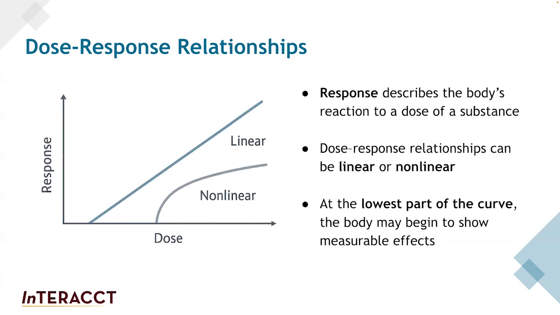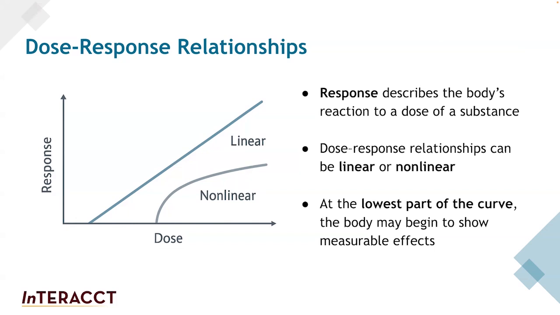When we talk about dose response, the first step is to understand what we mean by response. In toxicology, response is the body's reaction to a dose of a substance. If we look at the graph, dose is on the x-axis and response on the y-axis. These curves show that the relationship can take different forms.